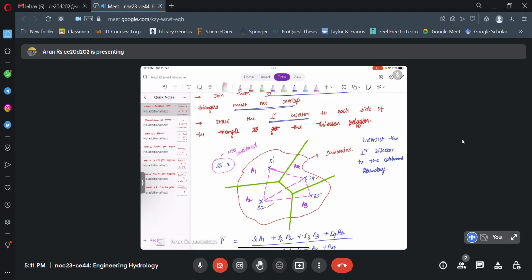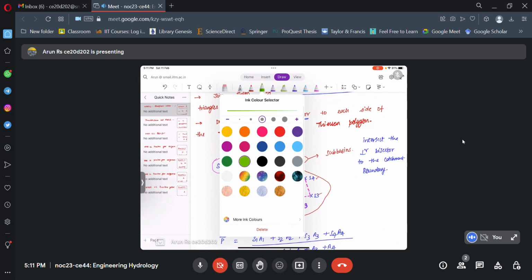So I'll draw the Thiessen polygon once again. Here I have joined the different stations with the pink dotted lines. Now I'm going to draw the Thiessen polygon.